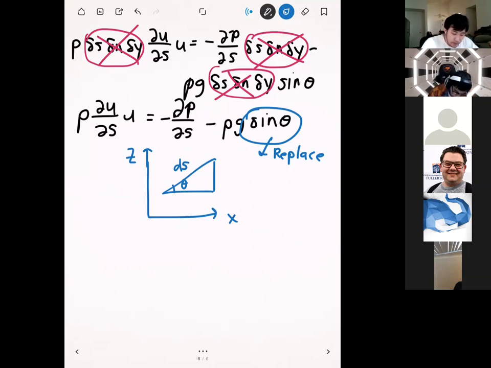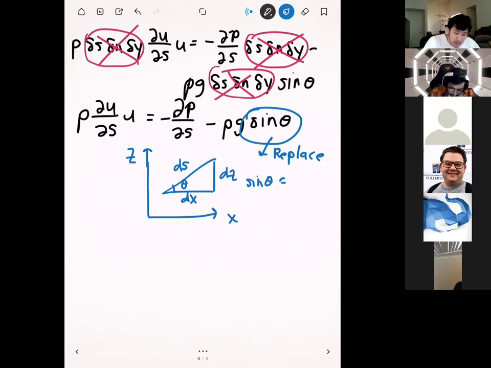If the length of this arbitrary triangle's hypotenuse is ds, some distance along the streamline, we can call the vertical side dz and the horizontal part dx, although we're not really going to use it. Using trigonometry and SOHCAHTOA, sine theta equals the opposite divided by the hypotenuse.